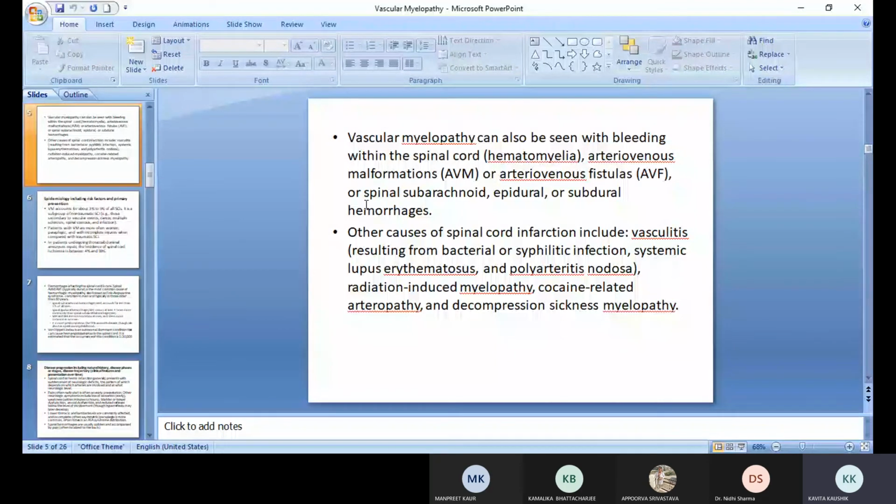Other causes of spinal cord infarction include vasculitis, whether there is any infection or inflammation of the vessels resulting from bacterial or fungal infection, systemic lupus erythematosus, polyarteritis nodosa, radiation-induced myelopathy, cocaine-related arteriopathy, decompression sickness myelopathy.